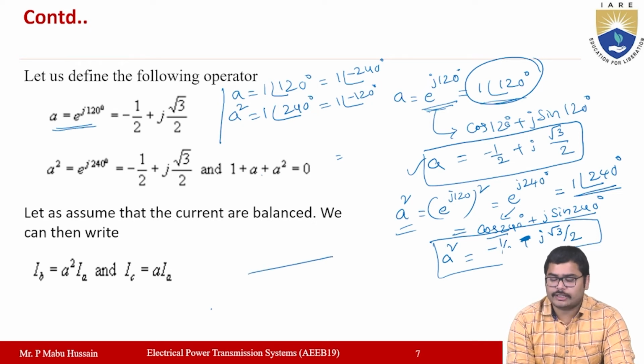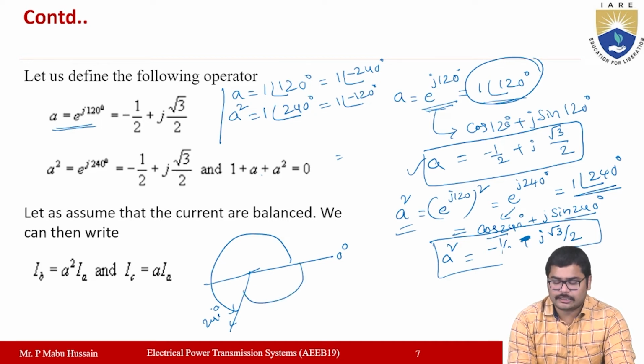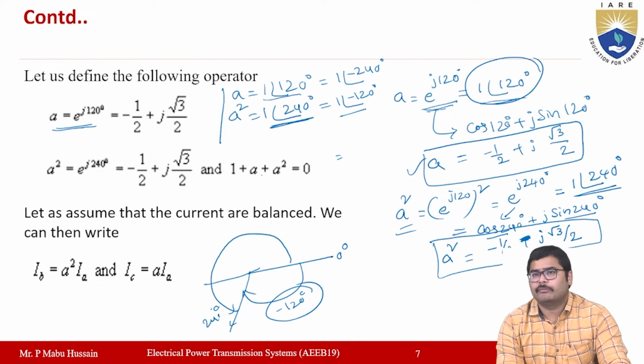If you take any reference, 0 degrees, and measure from this side, you get 240 degrees, that is 180 plus the remaining. If you measure from the other side, this value will be minus 120 degrees. So 1 at an angle 240 degrees can be written as 1 at an angle minus 120 degrees.